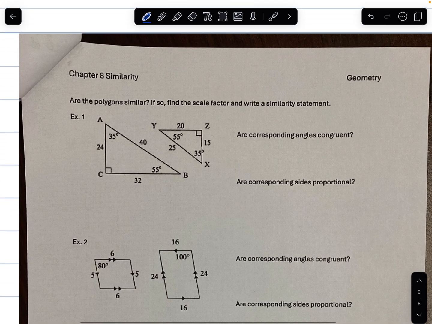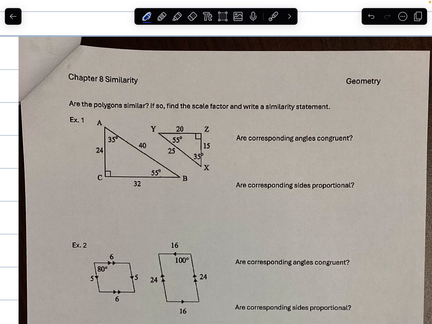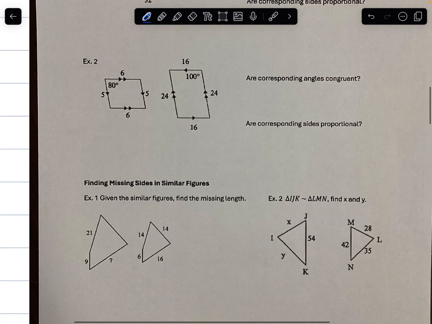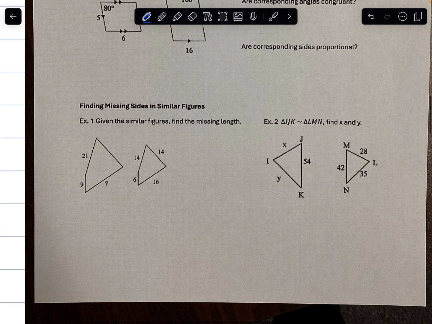Okay, let's fix that. All right, so at the bottom of this, we talked through these first 2 examples yesterday. So we're down here at the bottom, we're talking about finding missing sides of similar figures. So, does anyone have a thought on how I could find the missing side of this first example, using what we talked about yesterday?